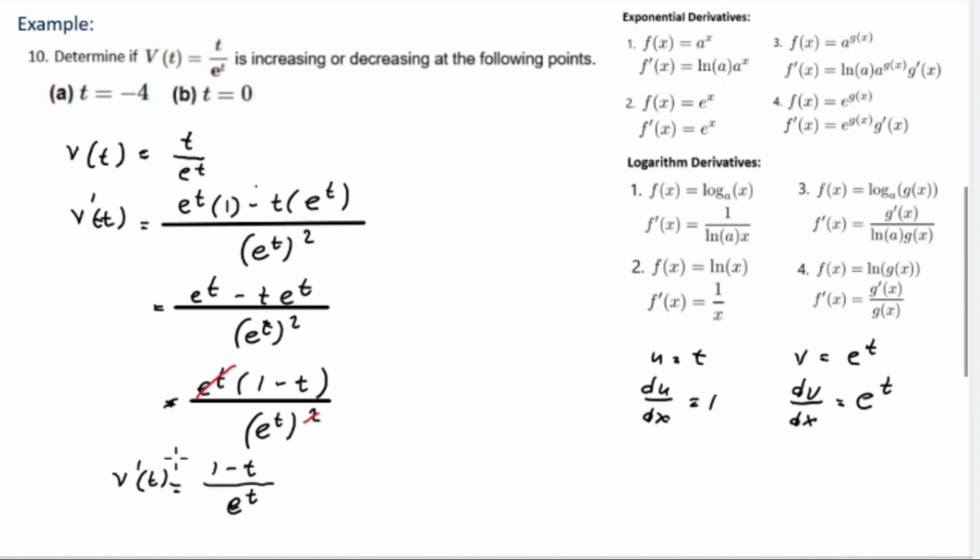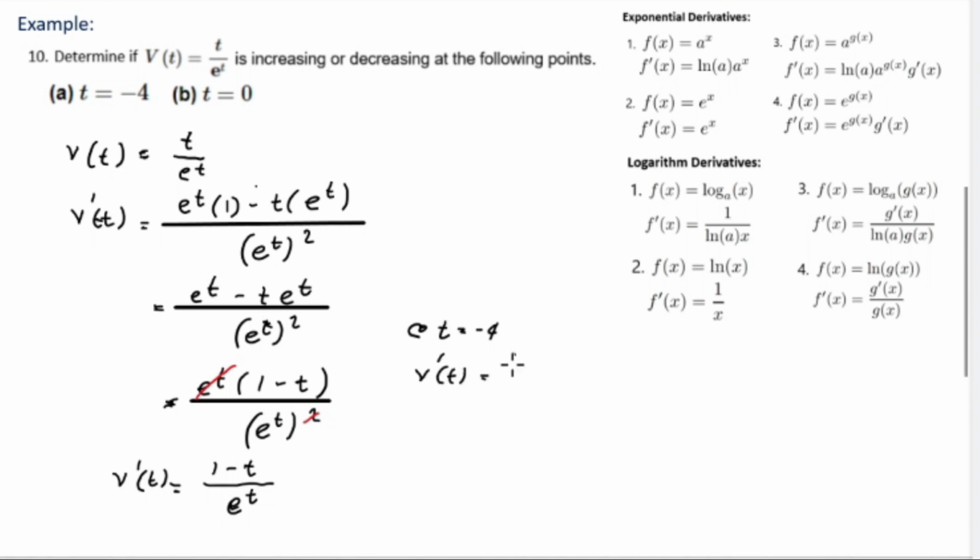Once we have the derivative, we substitute the values for t, which are t equal to negative 4 and t equal to 0, and we need to determine if it is increasing or decreasing. For t equal to negative 4, v of t prime is equal to 1 minus negative 4 all over e to the negative 4.